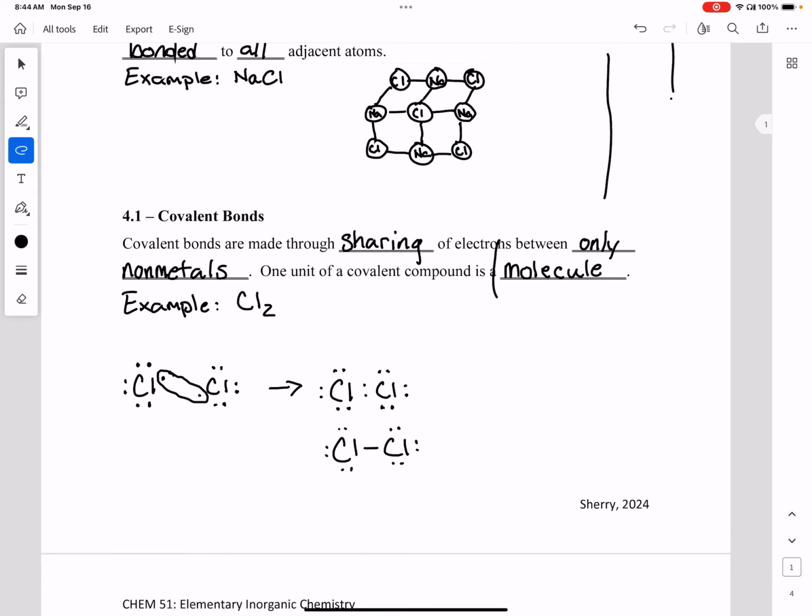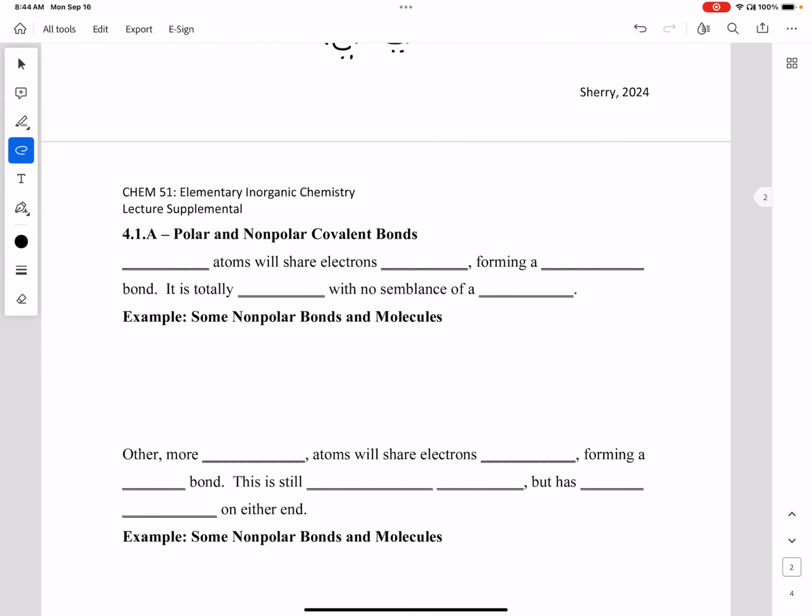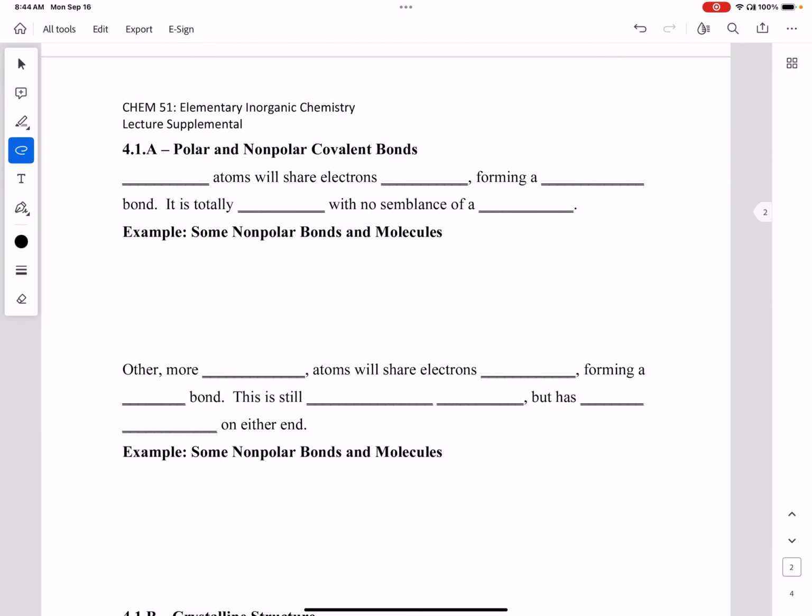So let's look at the difference between two types of covalent bonds. And those are going to be polar and nonpolar covalent bonds. And again, we're going to go into much greater detail next week. So similar atoms will share electrons equally.